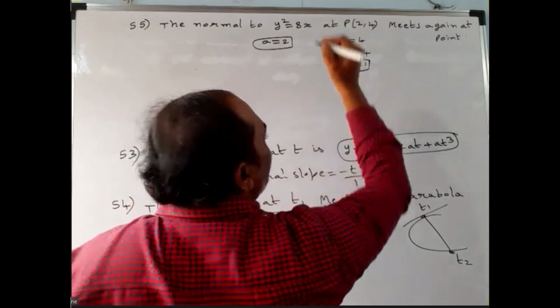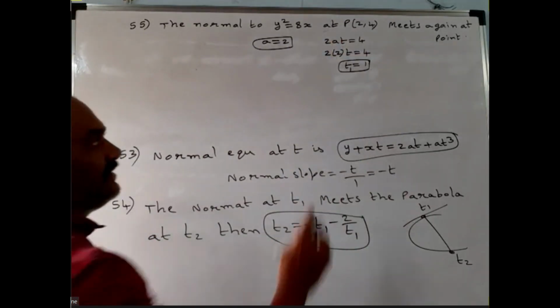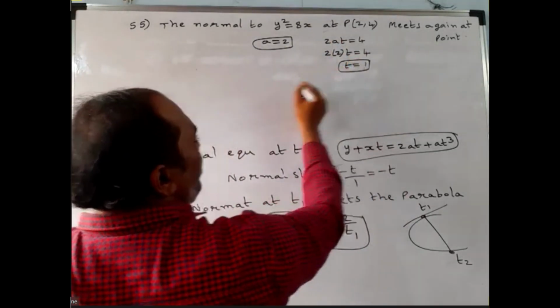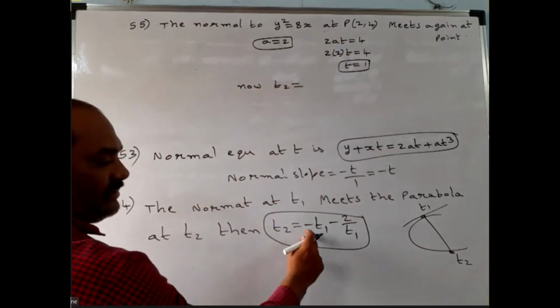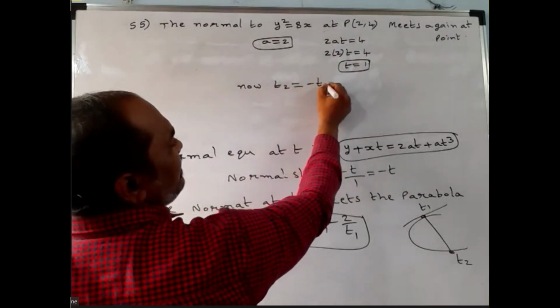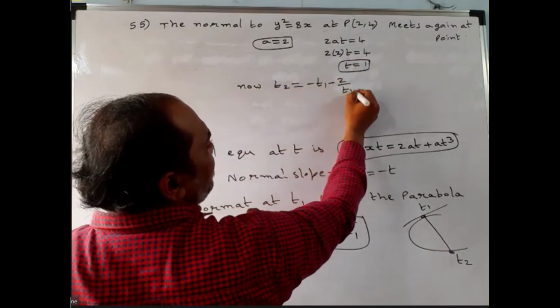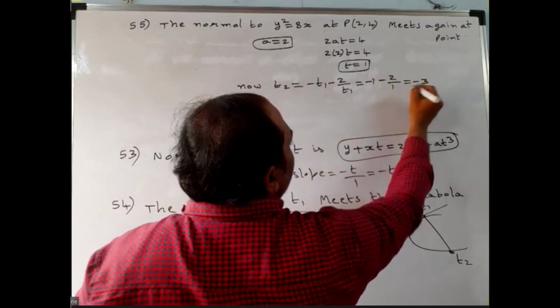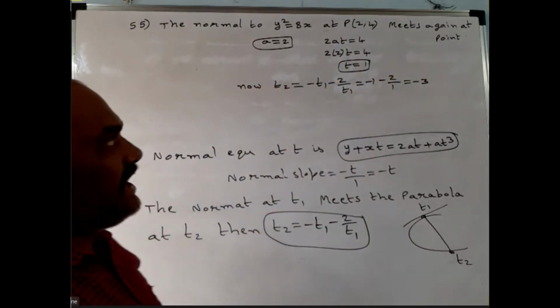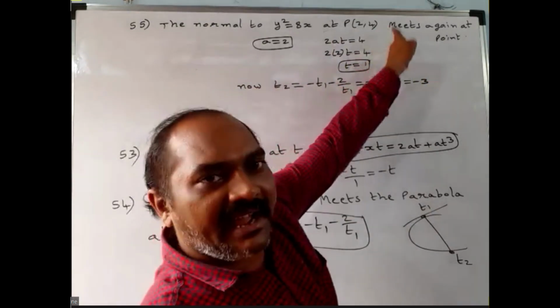So T1 is equal to 1. Now, anybody say the T2 formula? Minus T1 minus 2 by T1. Minus 1 minus 2 by 1, that is minus 3.